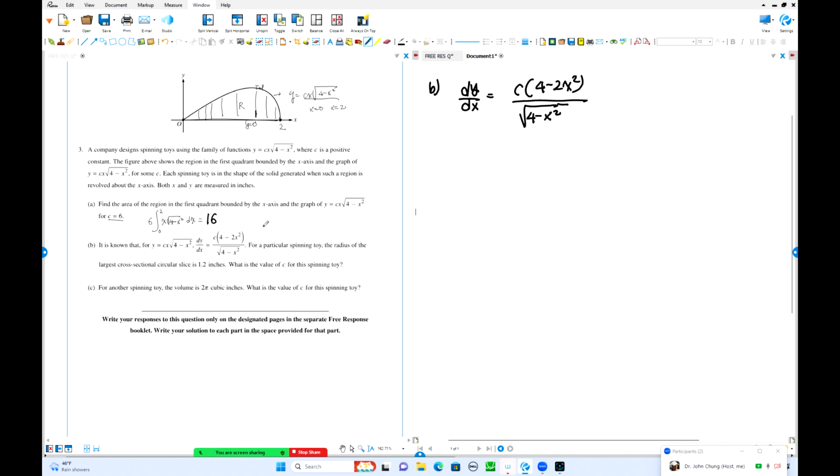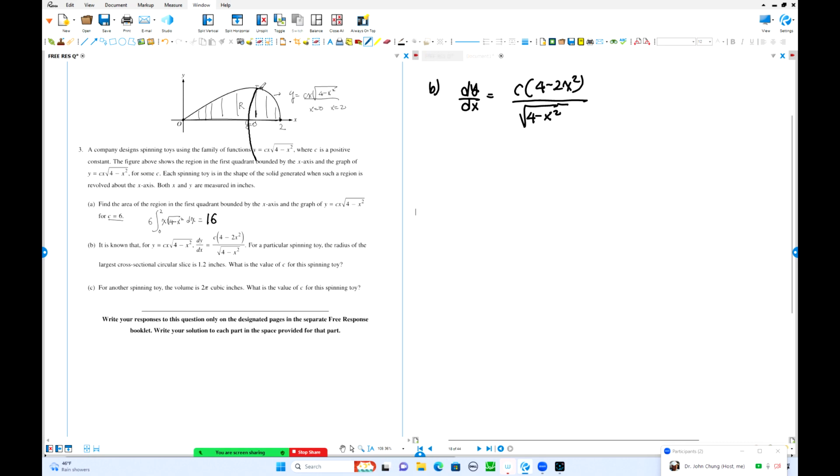That's the derivative over here, to find the maximum, the largest value of x. X is a radius. This is positive, along the x-axis. The radius of the largest cross-sectional circular slice is 1.2.